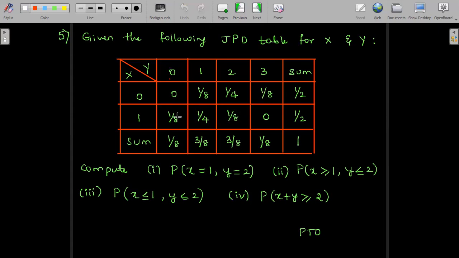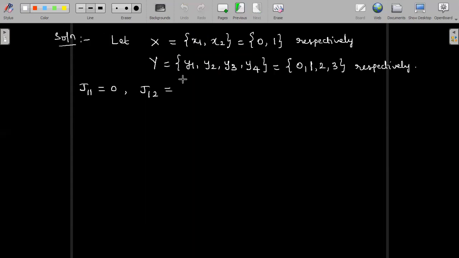Similarly, J21, J22, J23, J24. So we will just write down all the values which is going to help us to find out the required things.